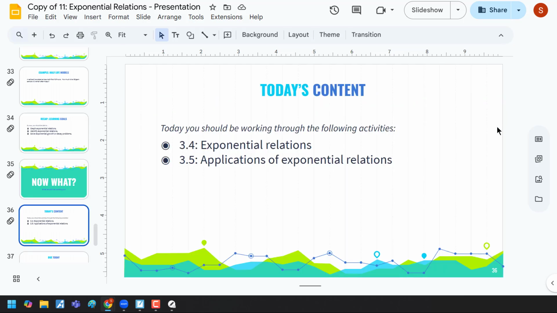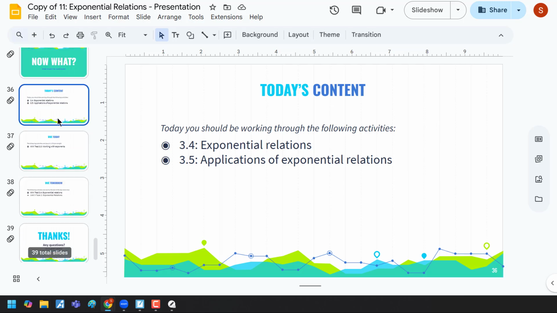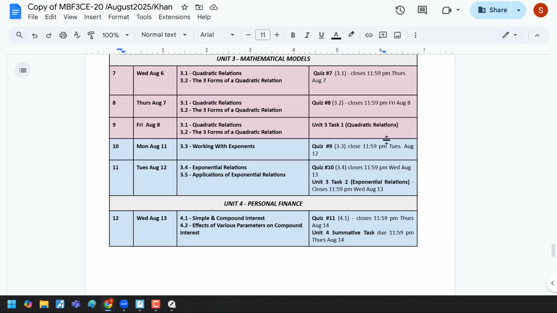You have 3.4 and 3.5 to work on, and then you have the tests that are due today. So here. So we always go to the course outline to see the stuff that's due. And here we have Unit 3 Task 2, exponential relations, and there's 2 of them.